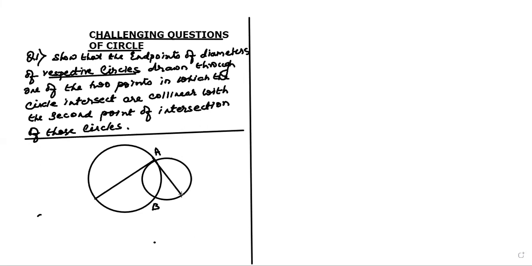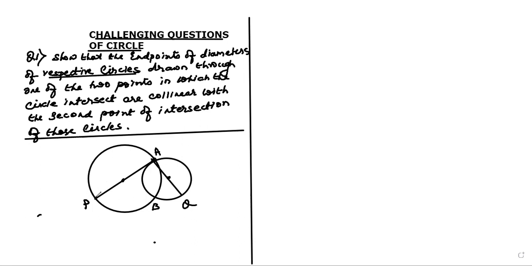Like you can see here, children, the circles intersect each other at points A and B. Suppose AP is the diameter of one circle, and AQ is the diameter of the other circle. Through A, both these diameters are drawn.